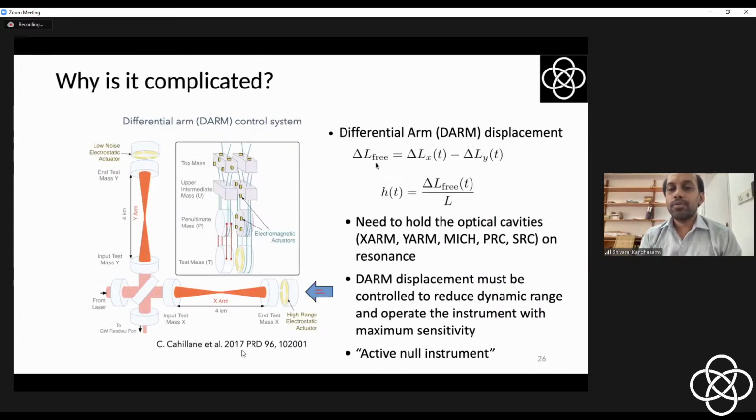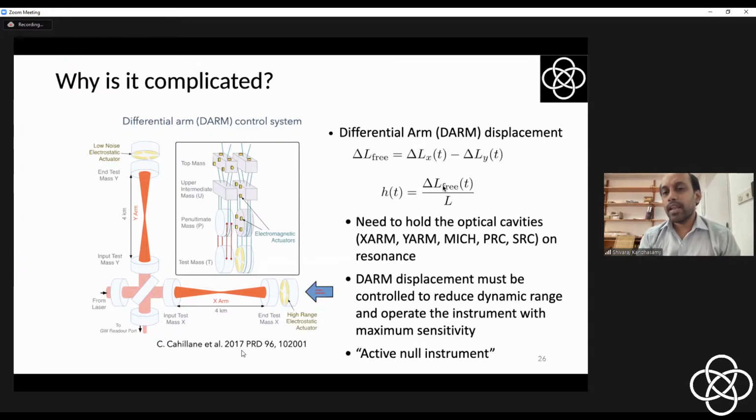There are two quantities that we generally use when we talk about interferometers: the length fluctuation and the strain. They are related by a simple expression. The length fluctuation divided by the length of the arm is the strain, and the length of the arm is constant. For the LIGO interferometer, it is 4 kilometers.